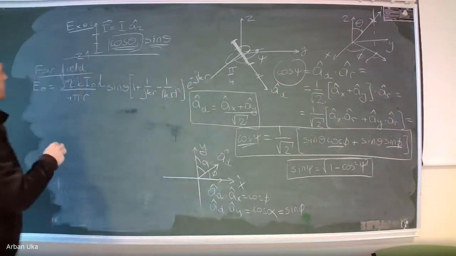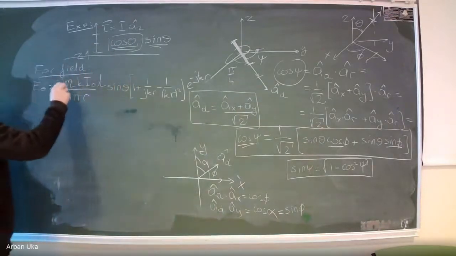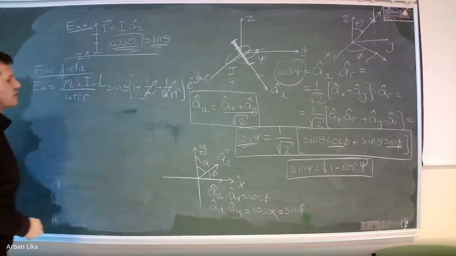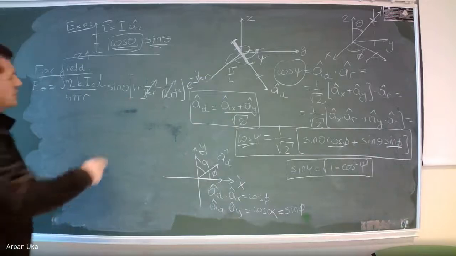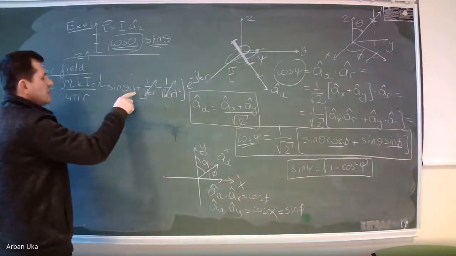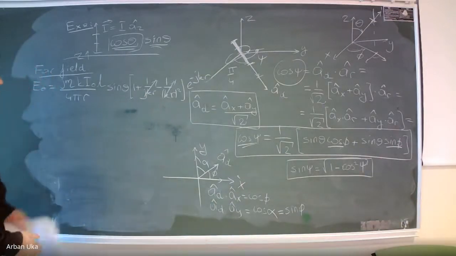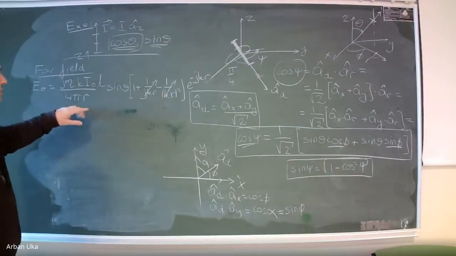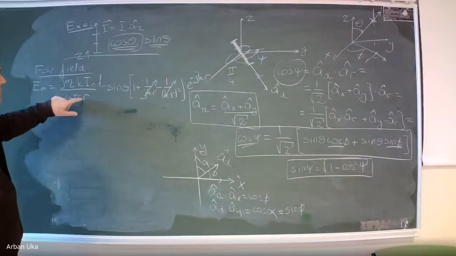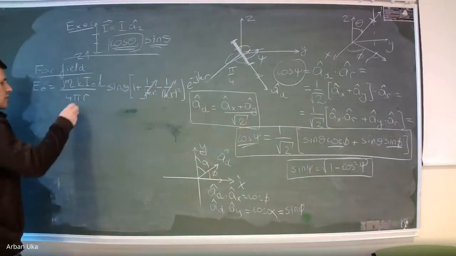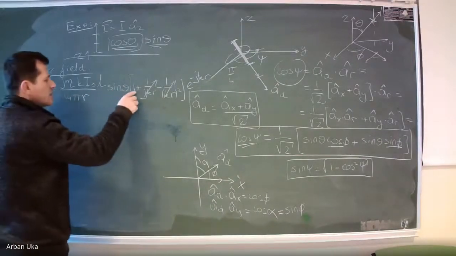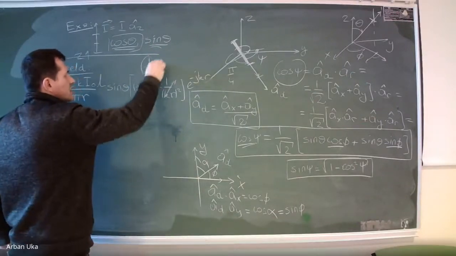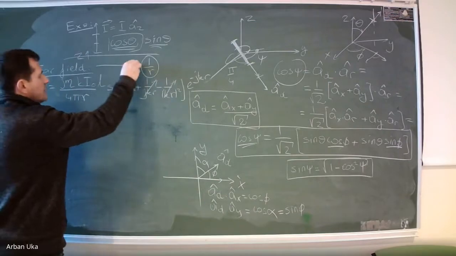Now, in this expression, since we are dealing with the far field, this term converges to 0 because 1 over r goes to 0. In far field, the term that is preserved is 1 over r, because we are going to multiply this 1 over r with this one. So the surviving term remains here.